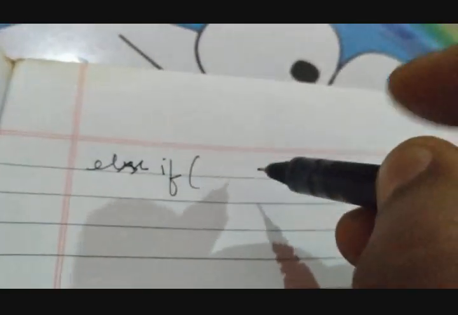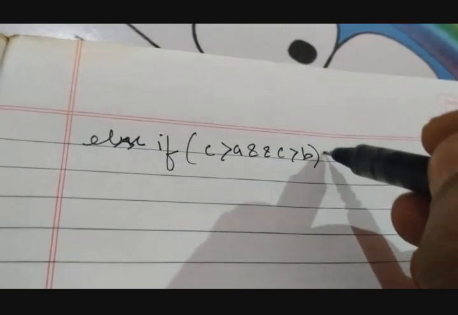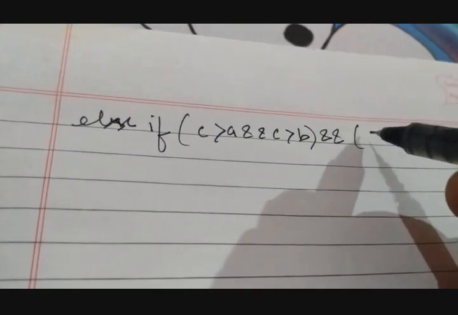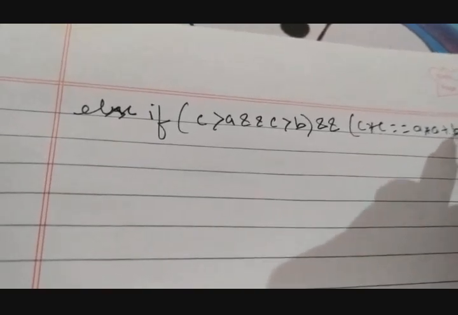Likewise, we have to check for C also. Else if C is greater than A and C is greater than B and C into C equals A into A plus B into B.